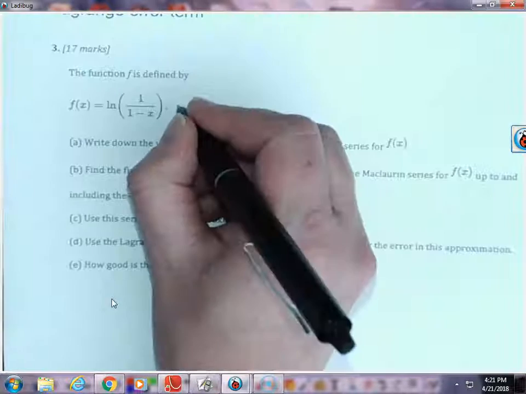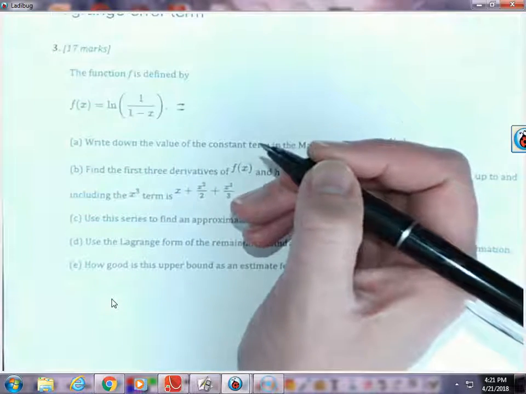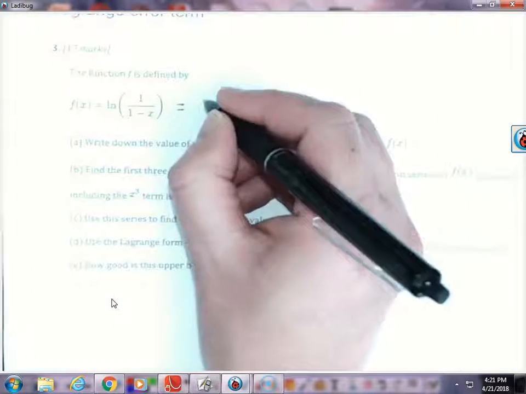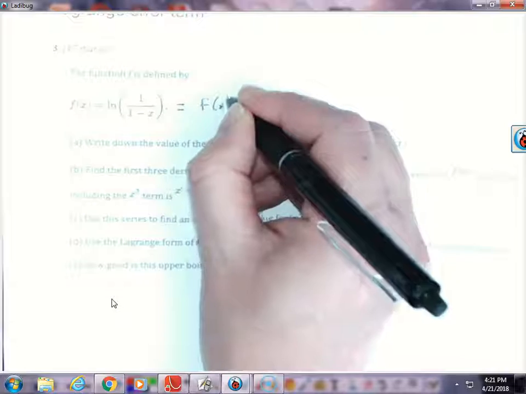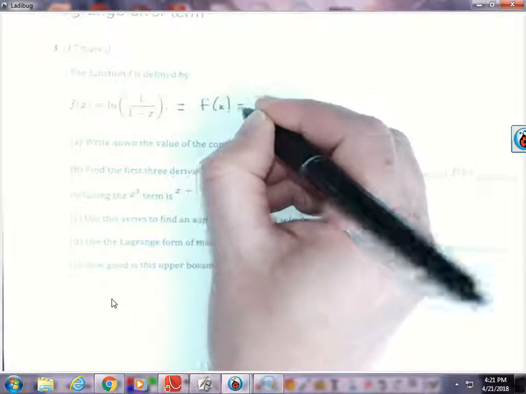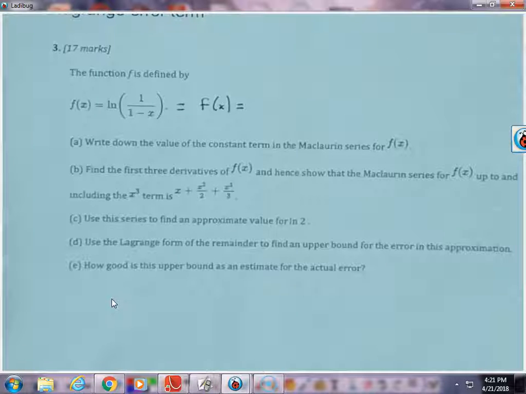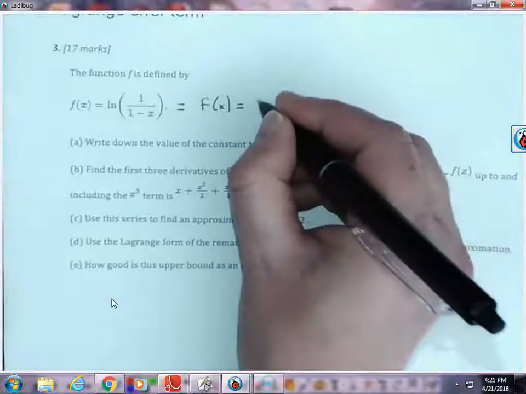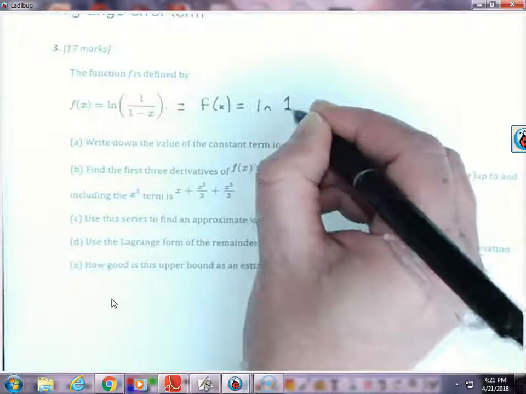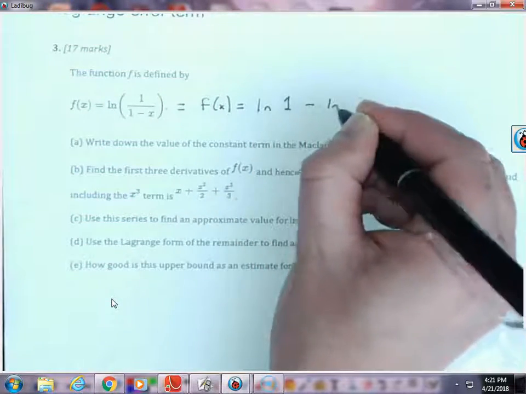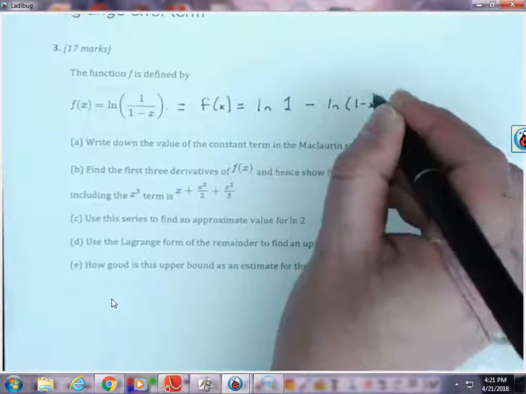I do want to point out that you can simplify this particular function to make it easier, because you're going to be taking a lot of derivatives. Okay, and so if we use our rules for logarithms, it can greatly simplify our work when we're taking derivatives. So I could change this to the natural log of 1 minus the natural log of 1 minus x.